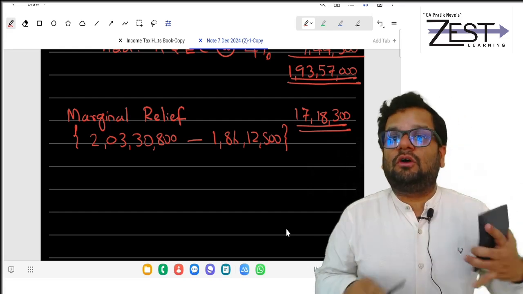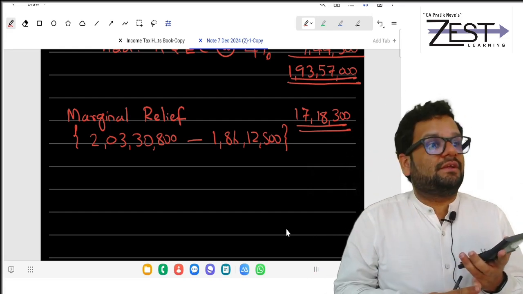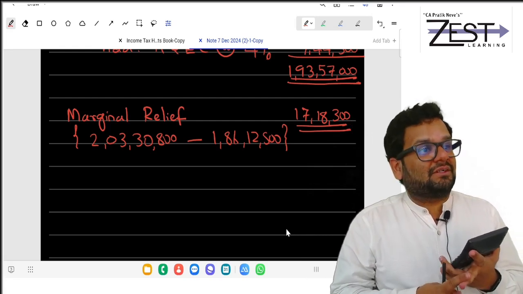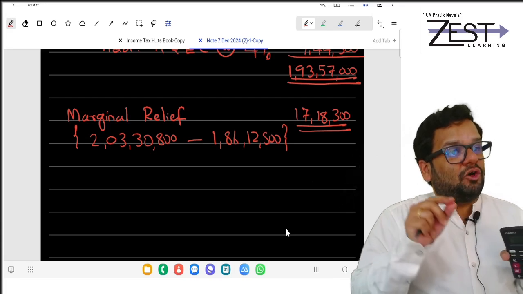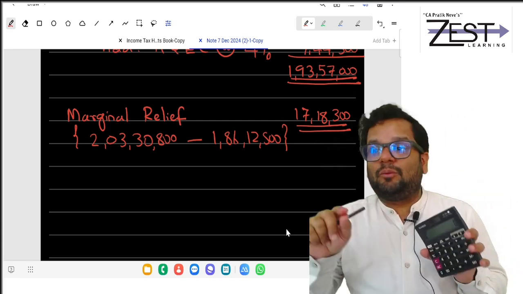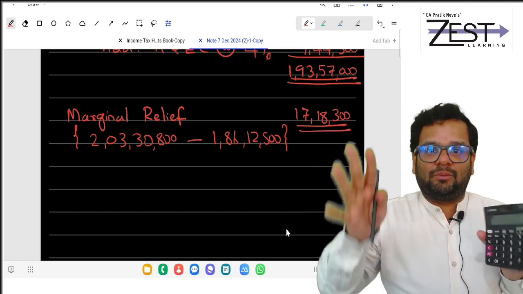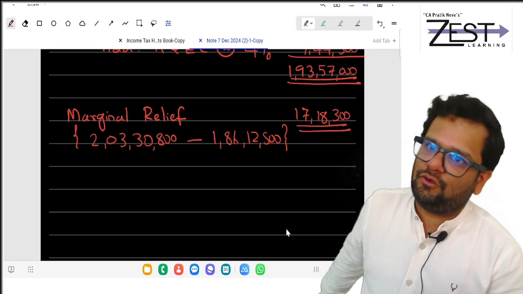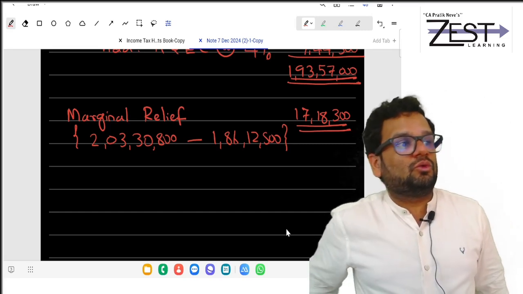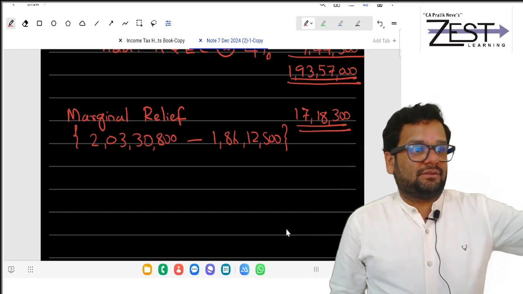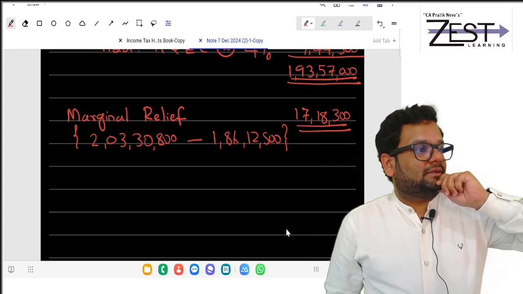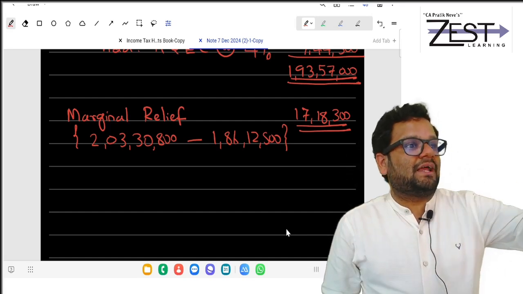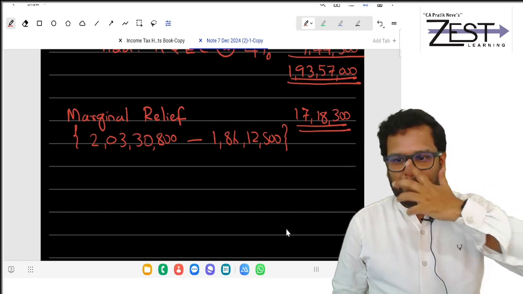So this is your concept of marginal relief, surcharge, calculation of taxes as per normal rate, in the sense this is the normal rate in the default regime as well as opting out of the default regime. Tomorrow, pay attention. Today the class is till 1:15 only.